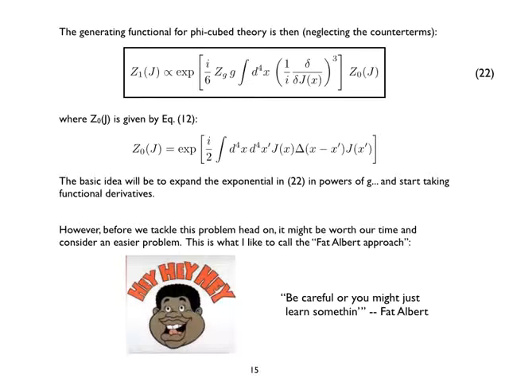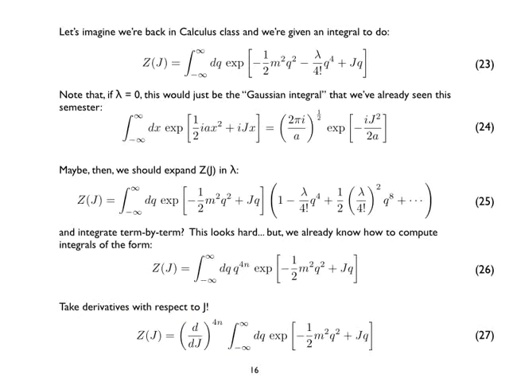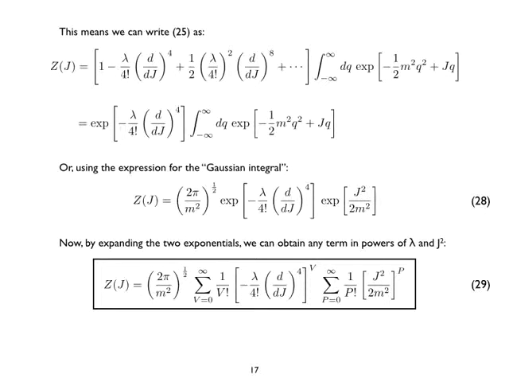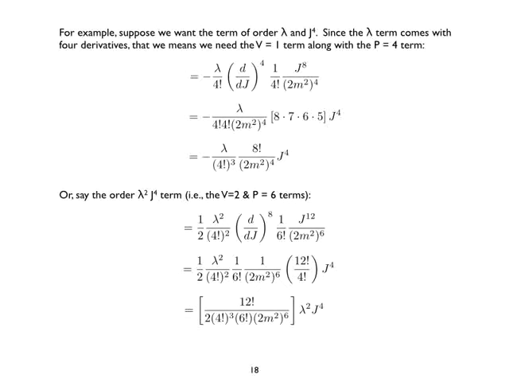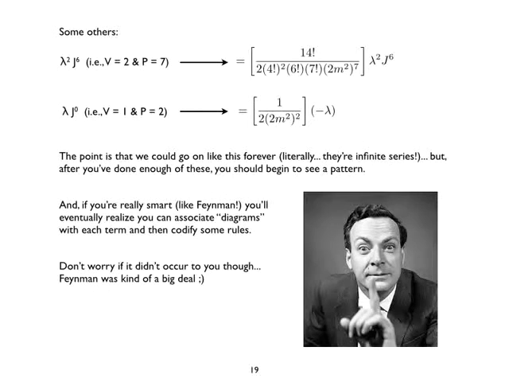So what we're going to do is take the Fat Albert approach and not try to tackle this head on, but consider an easier problem and see what we can learn, and then come back to this harder problem and try to apply that. Honestly, I'm running out of juice. I think I'm just going to stop here and we'll pick it up on Tuesday.